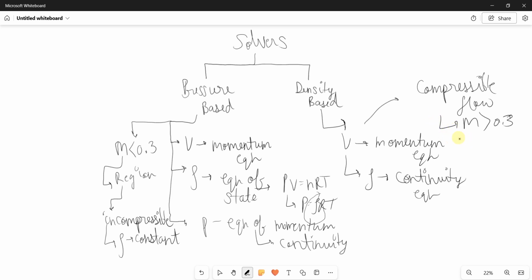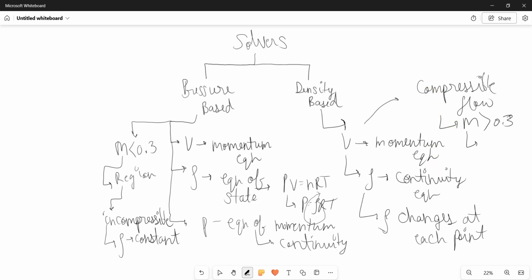When M is greater than 0.3, this is when you use density-based, because in compressible flow your density changes at each point.